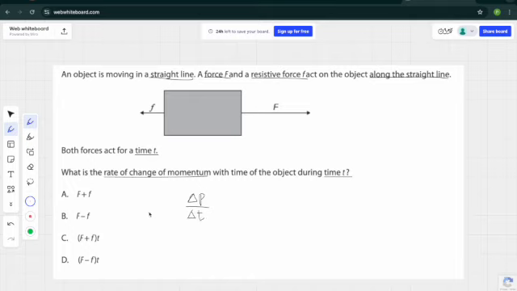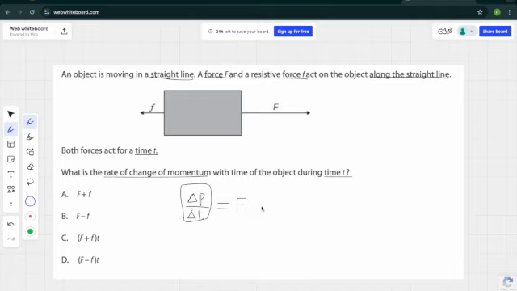Well, the rate of change of anything is that thing divided by time, so the rate of change of momentum must mean change of momentum divided by change of time. But notice, this is given in your data booklet as being equal to F, force. So that just means the rate of change of momentum is force.